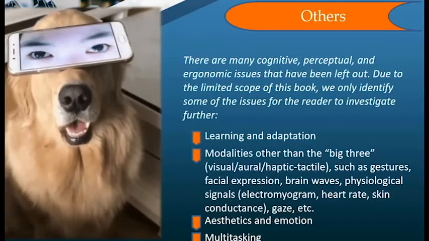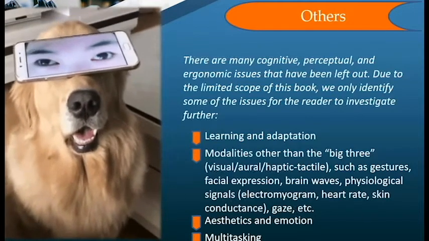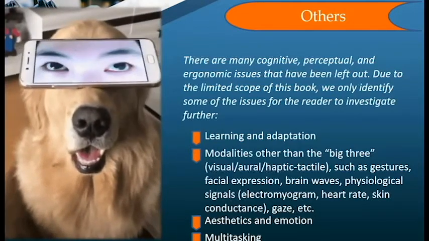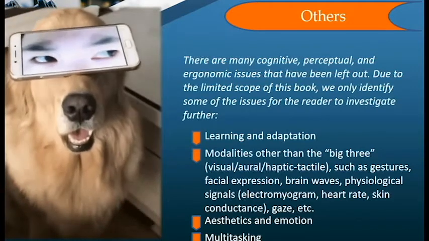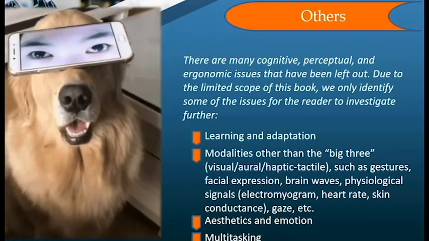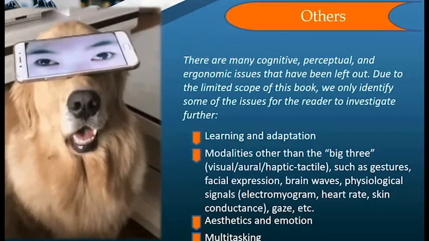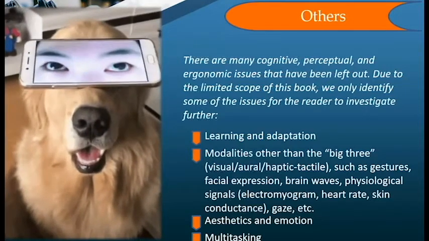There are many cognitive, perceptual, and ergonomic issues that have been left out. Due to the limited scope of this book, we only identify some of the issues for the reader to investigate further.